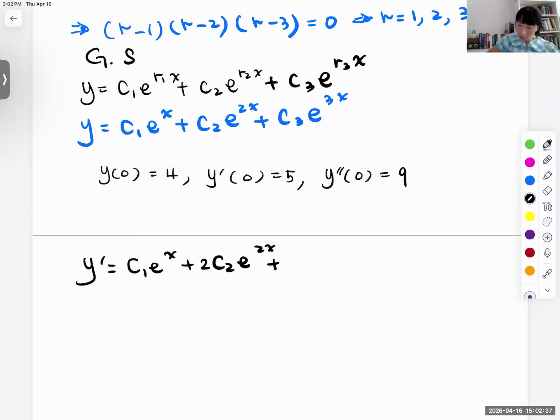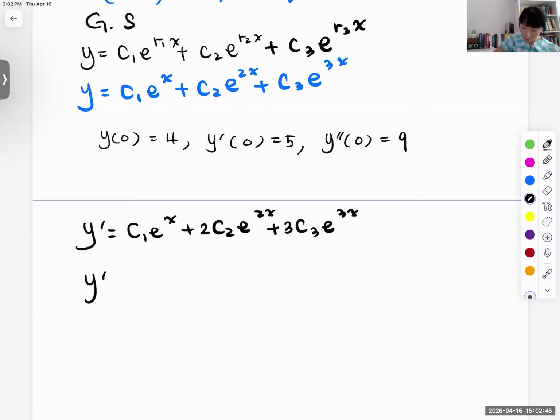And plus the third term, c sub 3 e to the 3x times 3, right? Okay, y second prime: so same, right? And then c sub 2 e to the 2x times 2, so it's a 4, plus c sub 3 e to the 3x times the 3, so it's 9, right?